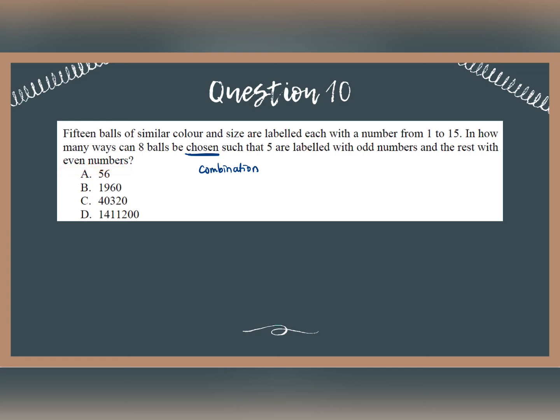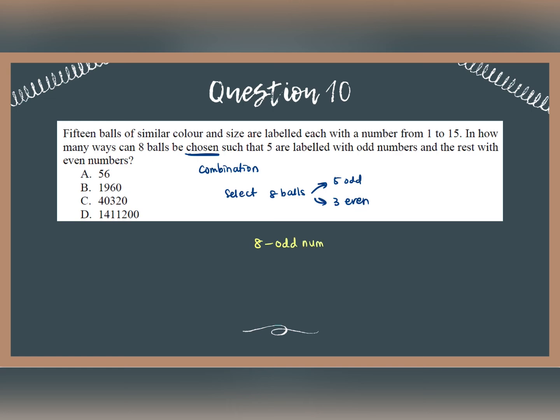Okay, so here what does it say? It wants to select 8 balls. So among those 8 balls, 5 must be odd numbers, and the rest, meaning 3, will be even numbers. Okay, so from 1 until 15, how many odd and how many even do we have? So odd will be 8 odd numbers.